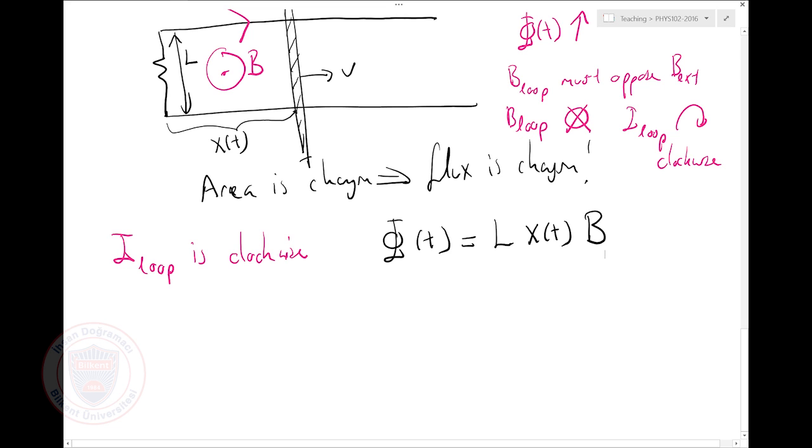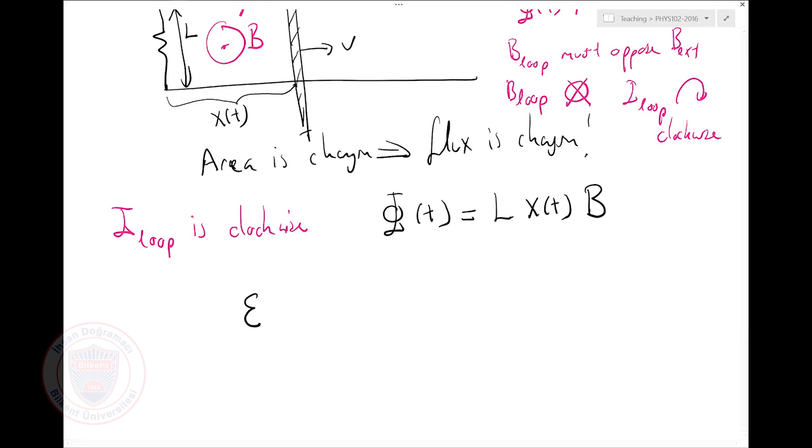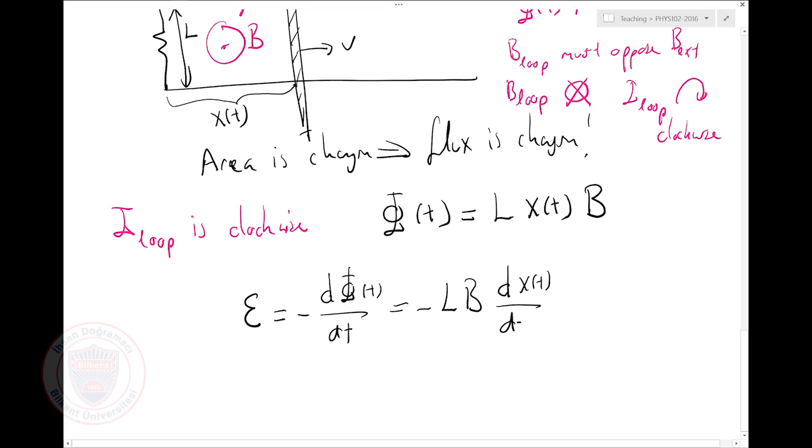Right? Now, what is the electromotive force created by this flux? It's minus d phi/dt. Now here I have L and B, which are constants, times dx/dt.